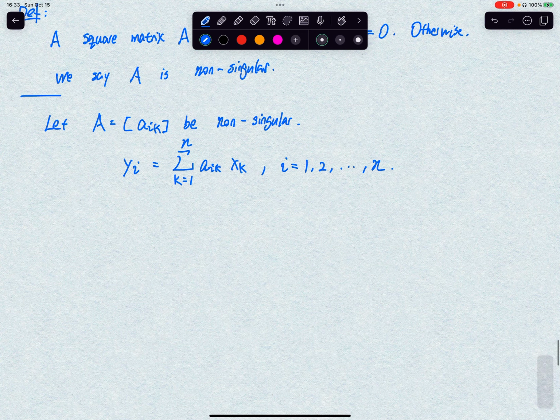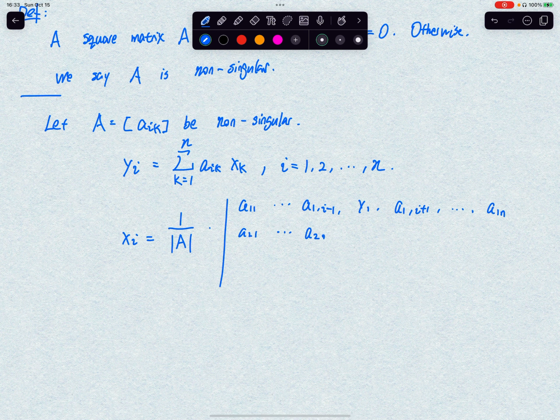So we have the inverse, namely x_i equals 1 over the determinant of A times the determinant of the matrix whose rows are: A11 up to A1 i minus 1, y1, A1 i plus 1, up to A1n; A21, up to A2 i minus 1, y2, A2 i plus 1, all the way down to A2n; and An1, An i minus 1, yn, An i plus 1, all the way down to Ann.